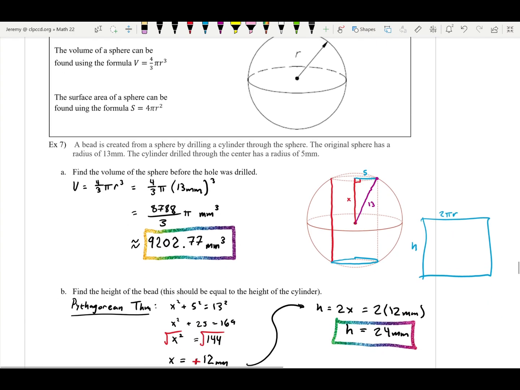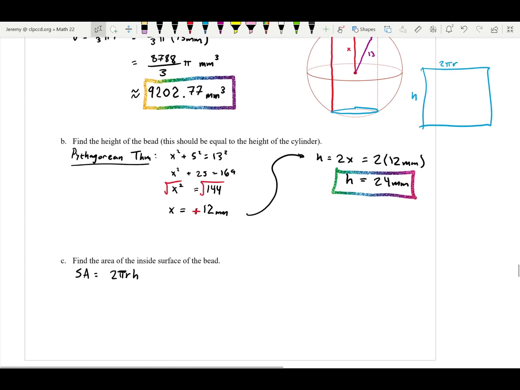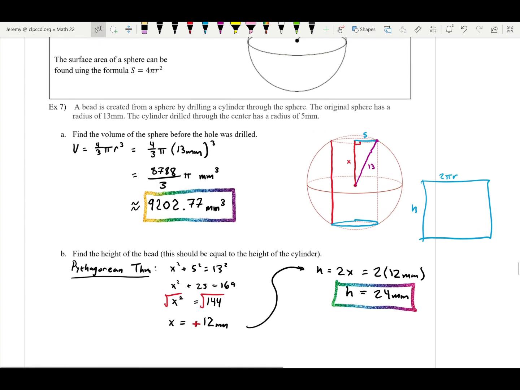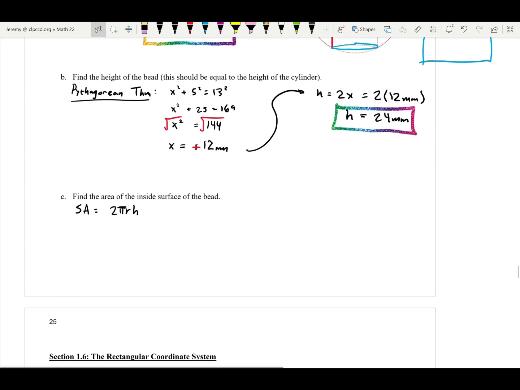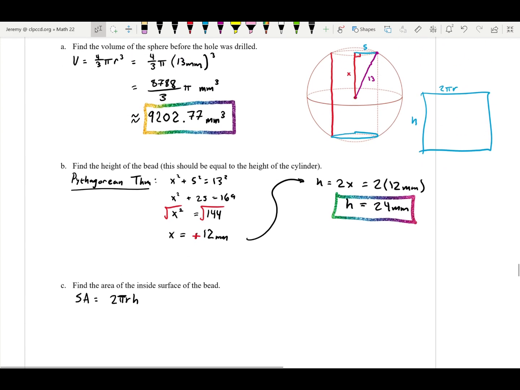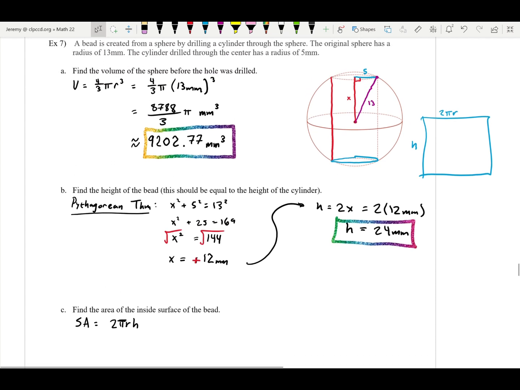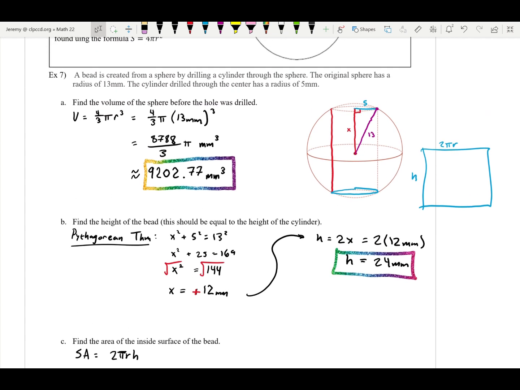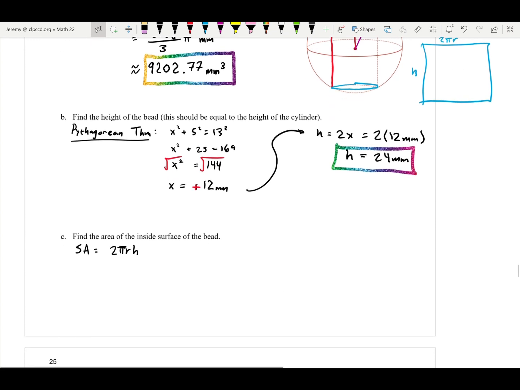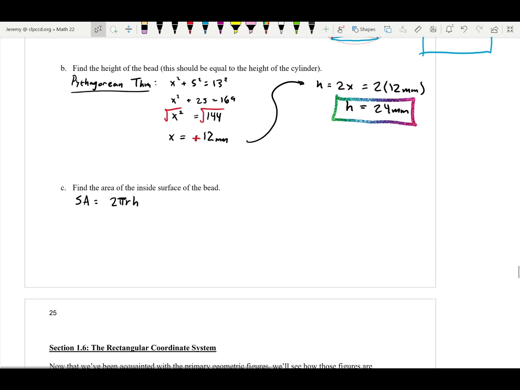Okay, because we're trying to find the surface area of the inside of the bead, so we're not including the top and bottom, right? This is just a hole, this is empty space. So there you go. If you didn't take the geometric reasoning approach to this, you might have copied down the incorrect formula. So there we go, surface area.